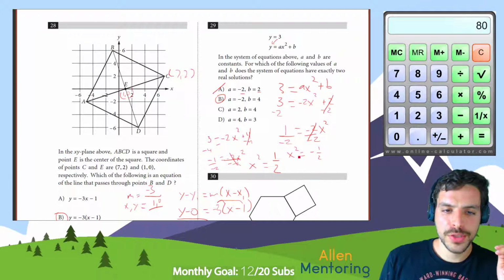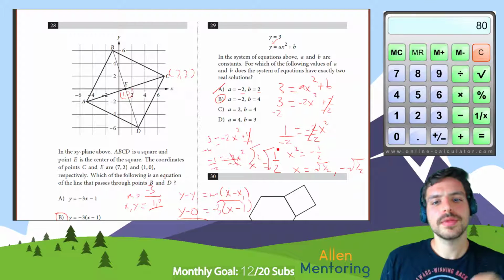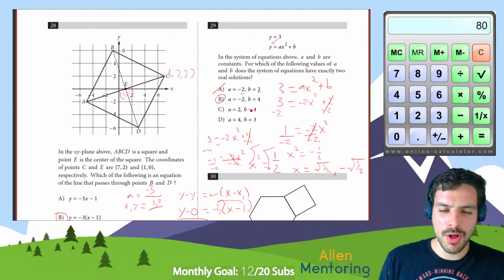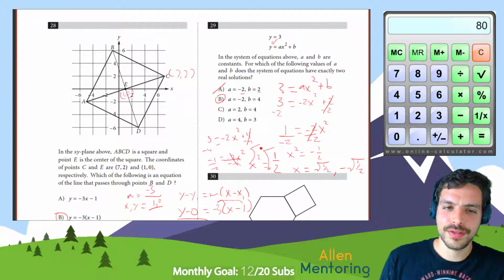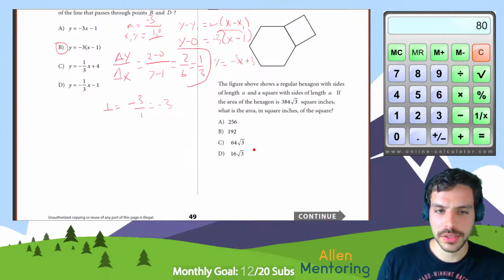What are the 2 real solutions? They are positive square root 1/2 and negative square root 1/2, because we are square rooting both sides. I hope that made sense. And if you try out the other numbers, they will all get you negative values for x squared, meaning imaginary number solutions.